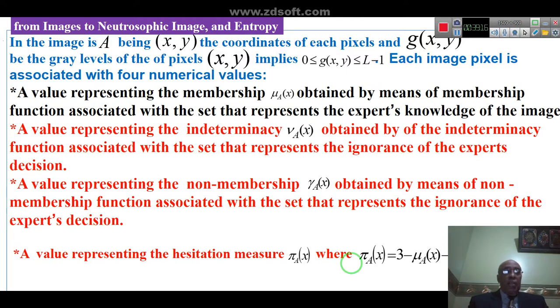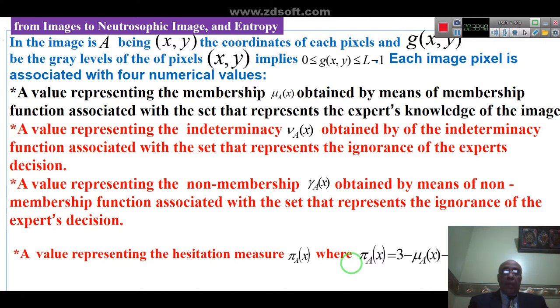The image A, for example, being an ordered pair X and Y, the coordinates of each pixel, and g(X,Y) be the gray level of pixel XY.